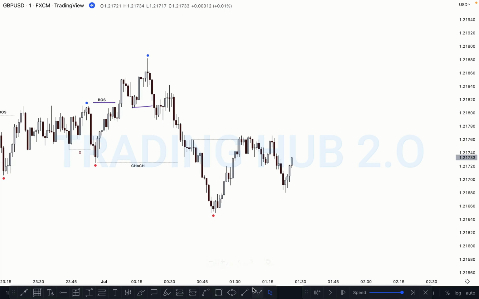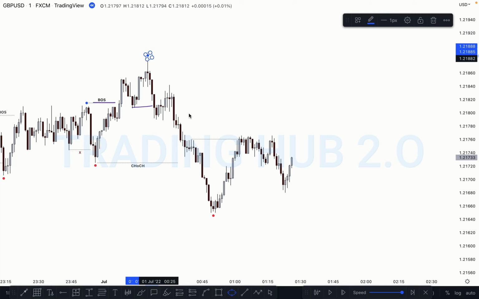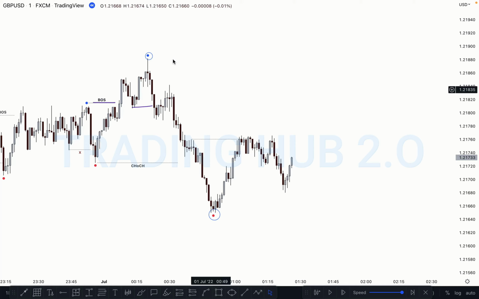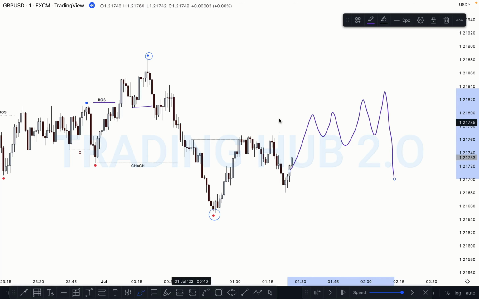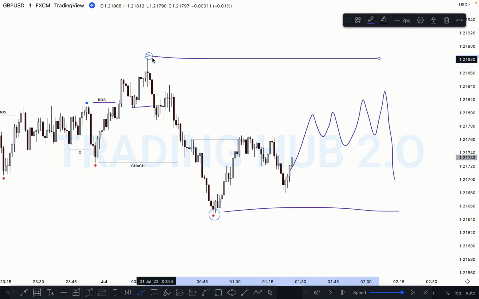And now you can see this high and this low are our new range. Okay, price is ranging within this range. If anything happens within this range, it doesn't matter until it breaks this high, or until it breaks this low, right?